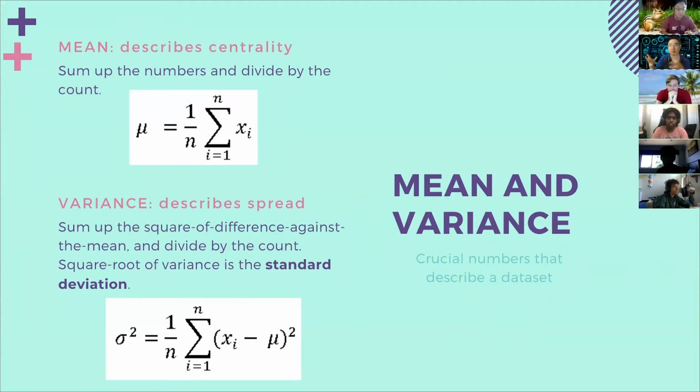If we have a sample, the mean is basically you add up all the numbers and divide by the total number that you have. For example, if we take the mean of our age in this group, we're going to land somewhere around 16 or 17, right? So that's the mean.